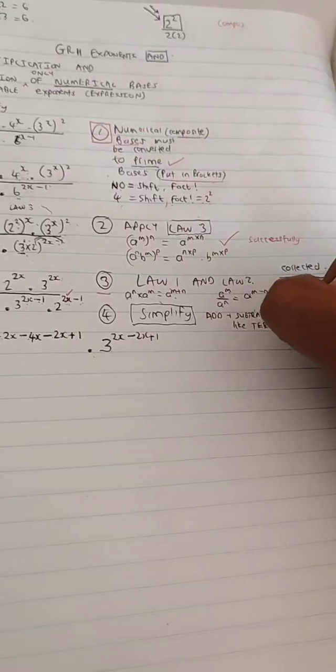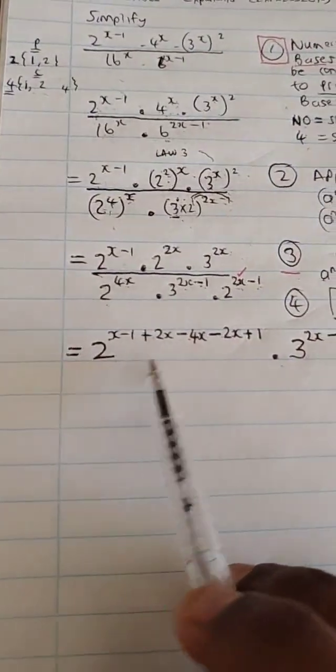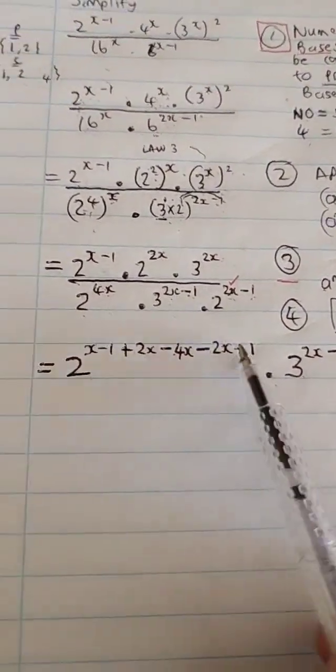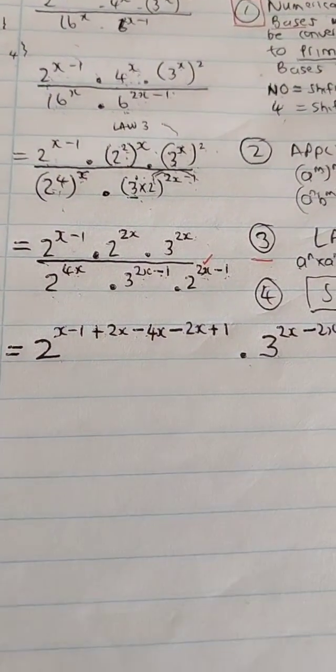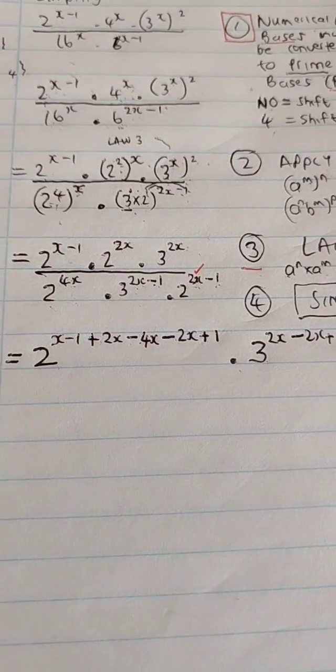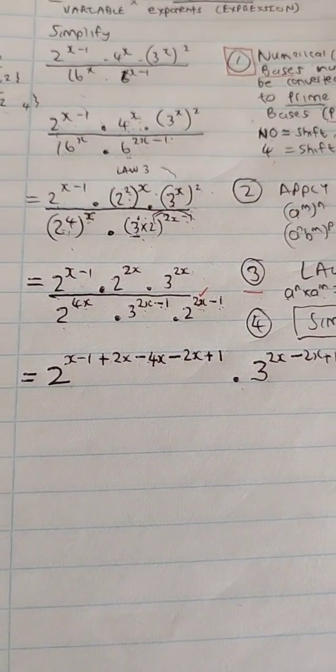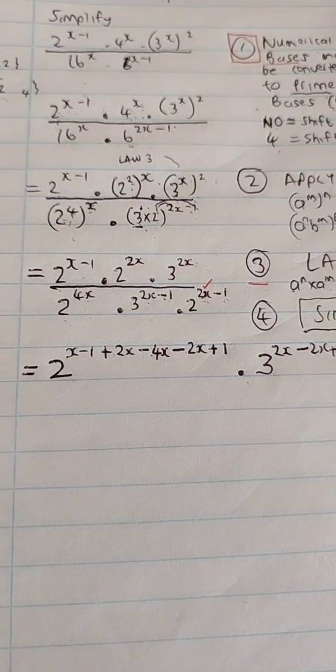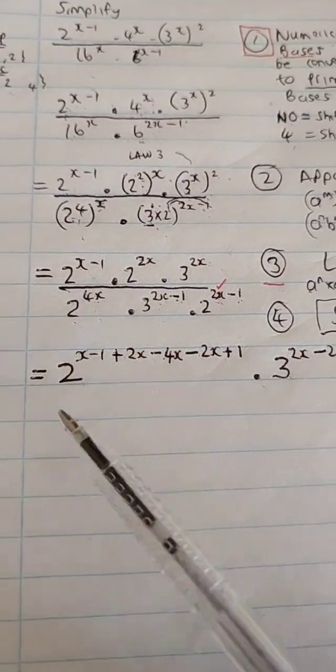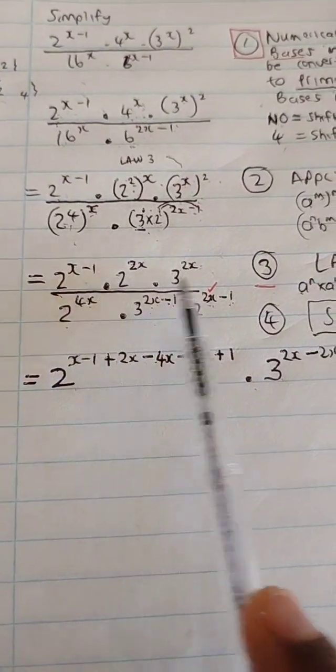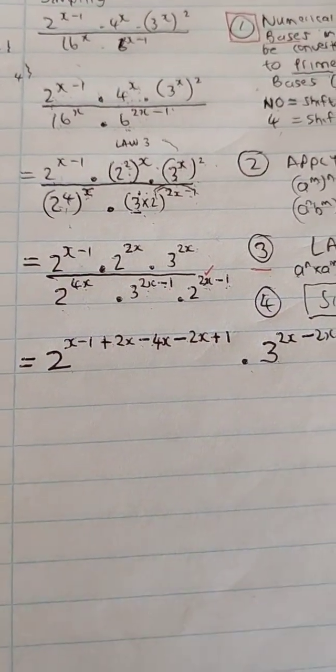Now we know, guys, that we only add and subtract like terms. Okay. Yes, Zim, you can. Miss Zim in the comment section is asking, can I use law number 1 first for the numerator? Yes, you can do that.